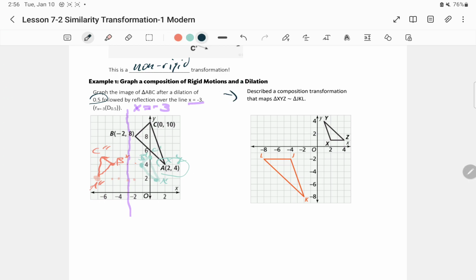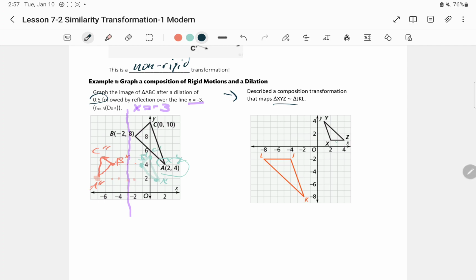Let's jump over here to the problem on the right. We want to describe a composition transformation that maps triangle XYZ to JKL, and the statement says that these triangles will be similar. So if they are similar and not congruent, their size is going to change. We can see that in the figure.